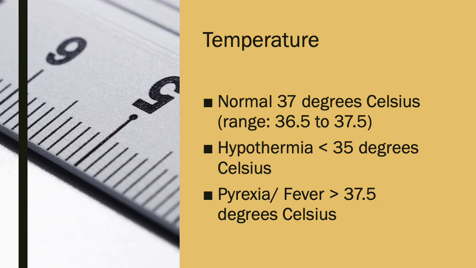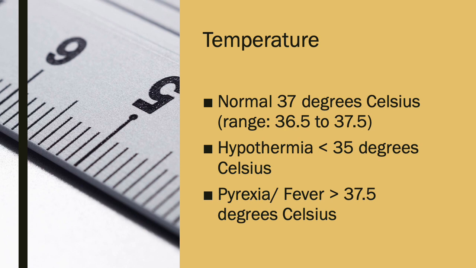On this slide, we're looking at temperature. The body's temperature is regulated by the hypothalamus and usually has a set point of 37 degrees Celsius with a range of 36.5 to 37.5 degrees Celsius. Temperatures below 35 degrees Celsius are regarded as hypothermia or hypothermic.